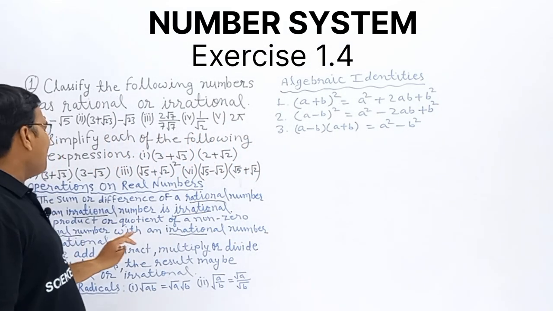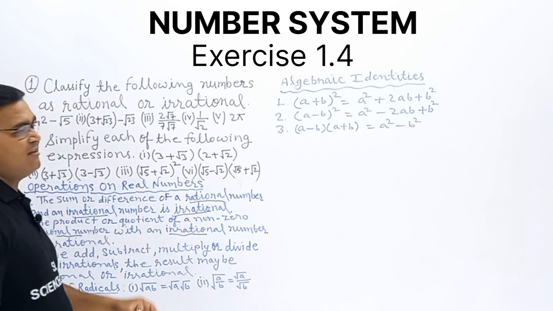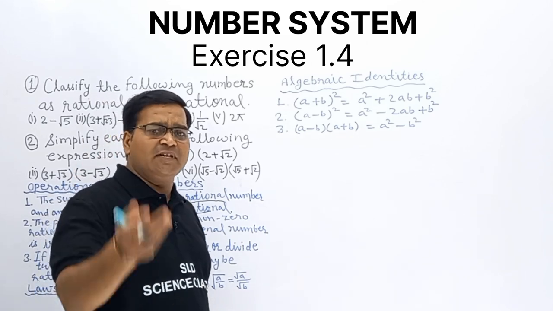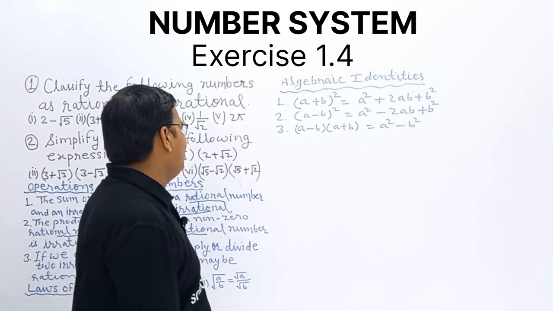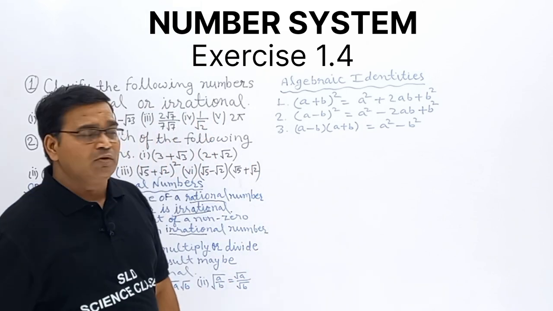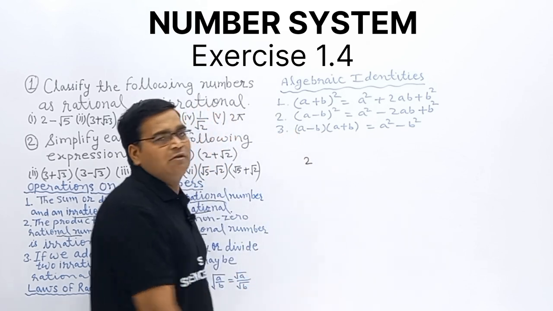First I am doing the product. The product of a non-zero rational number. First I am taking a non-zero rational number, then I will take zero as the rational number. Non-zero means 2 is non-zero.